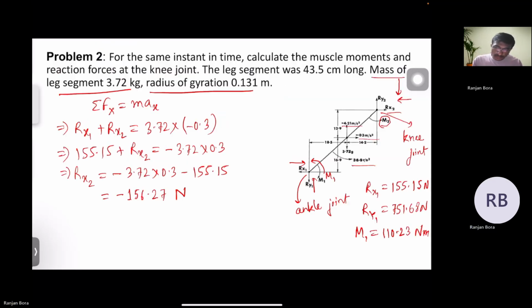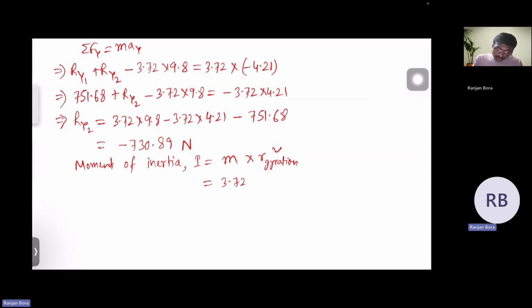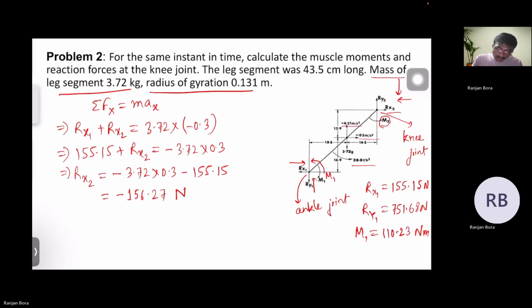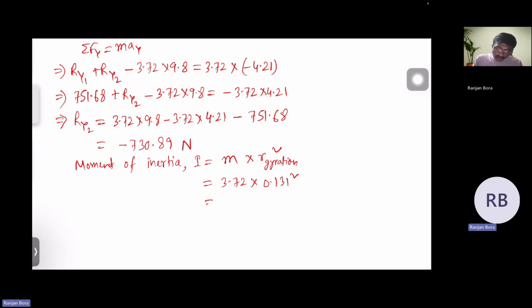Mass is given as 3.72 into 0.131 whole square, equal to 0.0638. Its unit will be kg meter square.